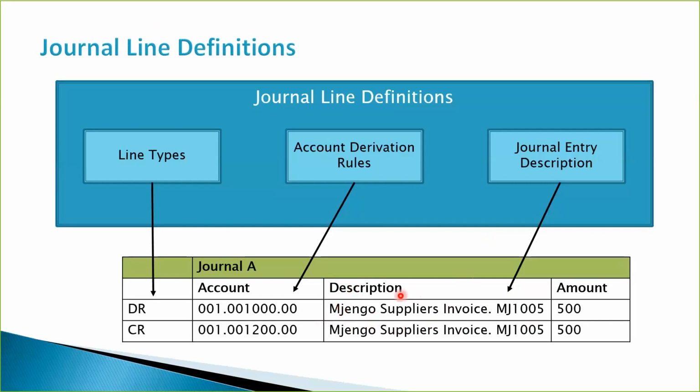So, for example, if we have more than one supplier in our system, for us we have Mjengo, and we have the other one. I think we created this big builders construction something. So if we create accounting for an invoice from big builders, here it will show big builders.